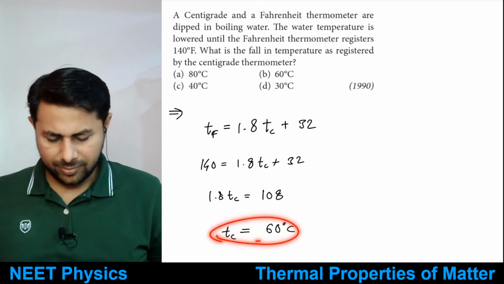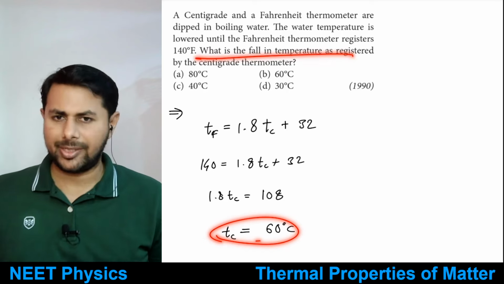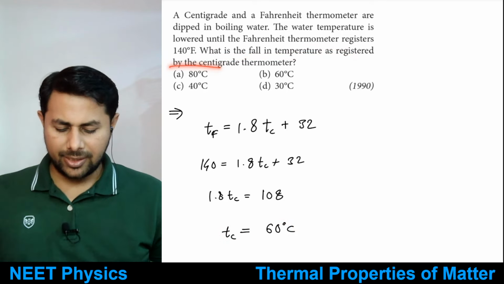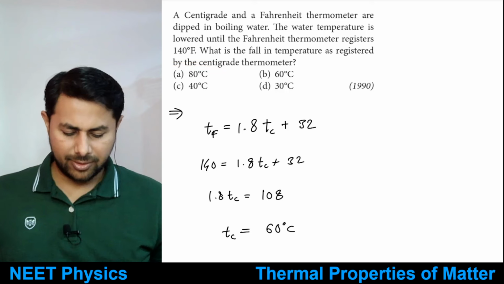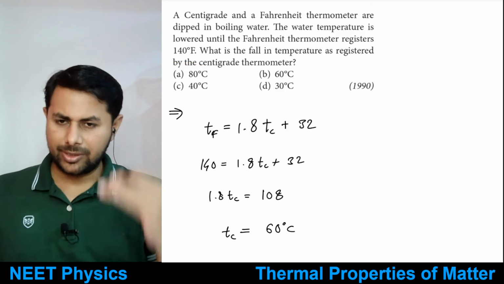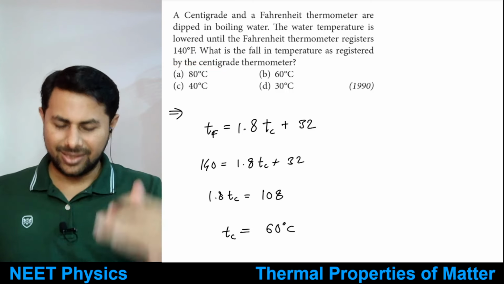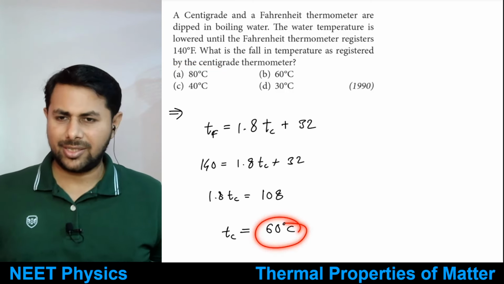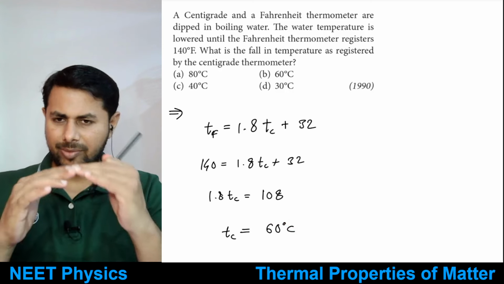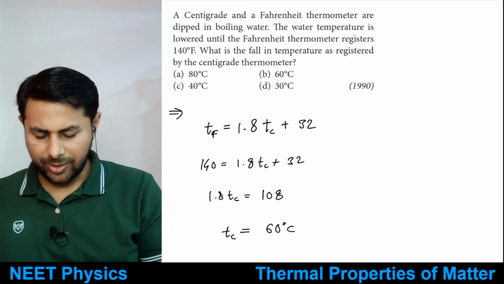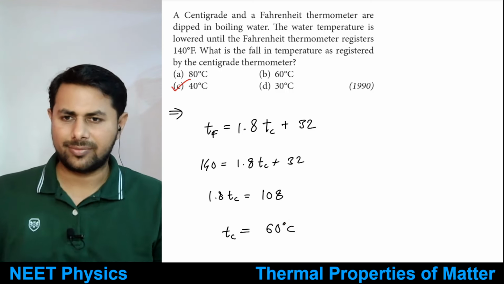But the question is, what is the fall in temperature as registered by the centigrade thermometer? It was in boiling water, and then the temperature becomes 60 degrees Celsius. That means it goes from 100 to 60. So what is the fall? Fall is 40 degrees Celsius.